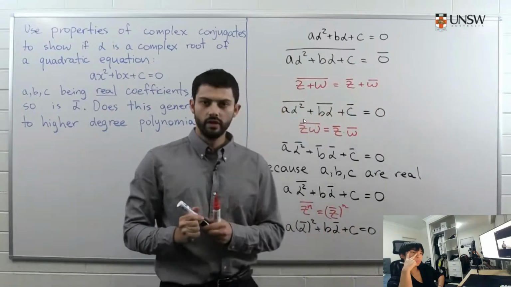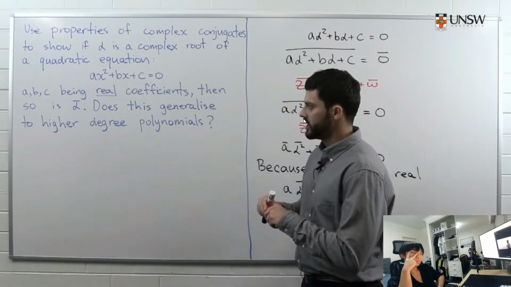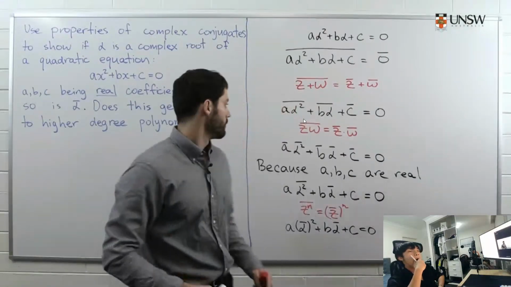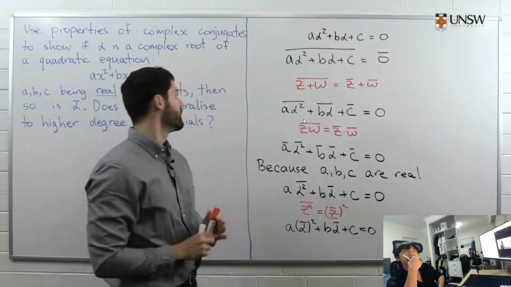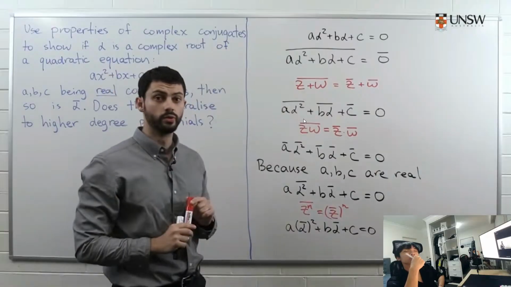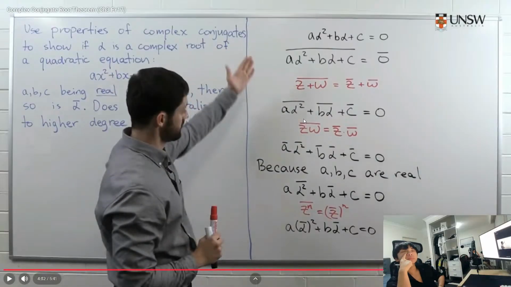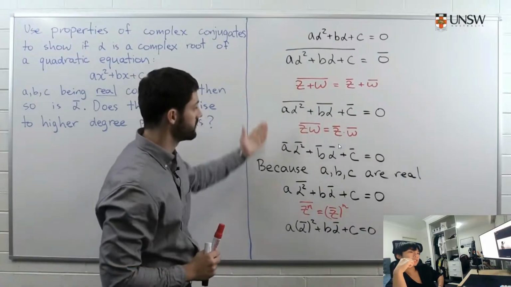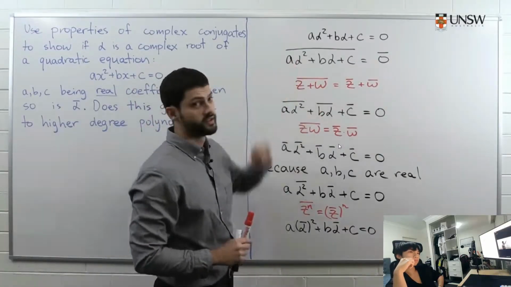Okay, so the next part of the question asks, does this generalize to higher degree polynomials? So was there anything special here that only worked because this was a 2? I hope you can see that the answer is no. None of the rules here relied on the fact that this is a 2.